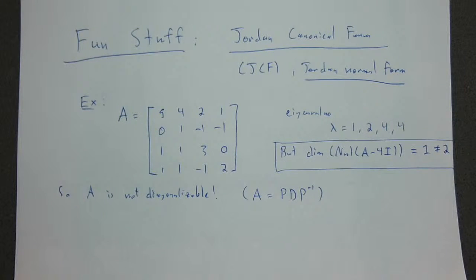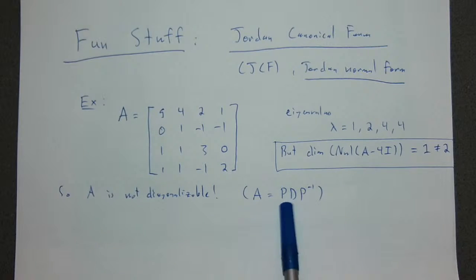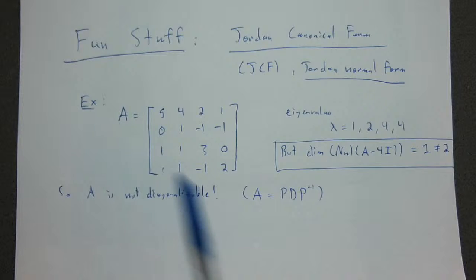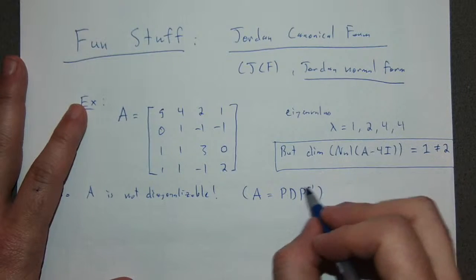So the strength here was that if A is diagonalizable, we could change basis using P to a basis where this matrix was diagonal. That was what was so nice. But if it's not diagonalizable, we can't do that.